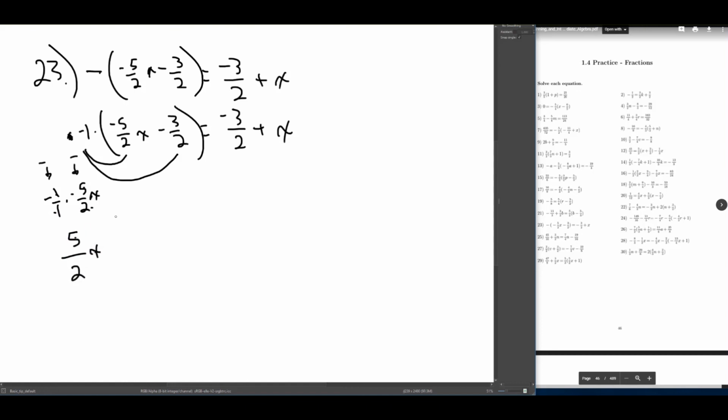So 5 over 2x. Minus 1 times minus 3 over 2. That one's easy. It becomes plus 3 over 2. Two negatives, it becomes a positive. Equals negative 3 over 2 plus x. Bueno.